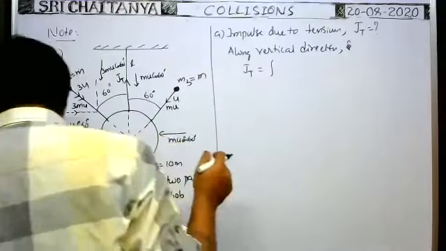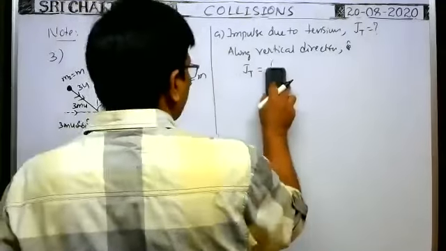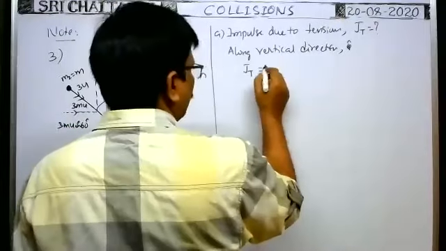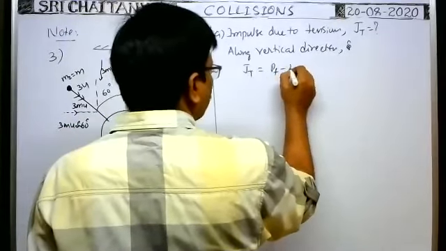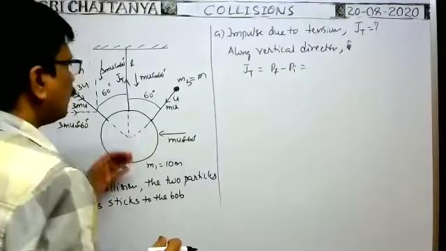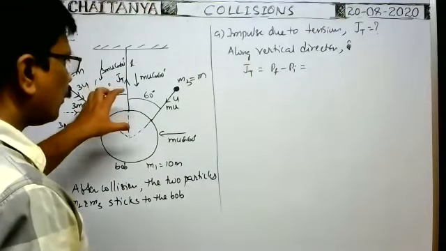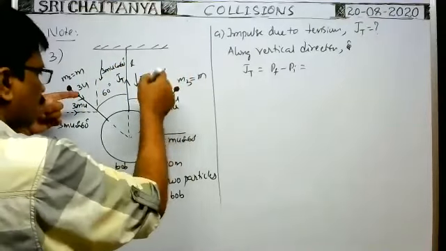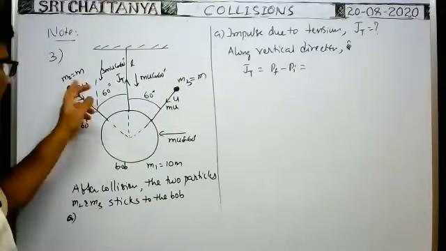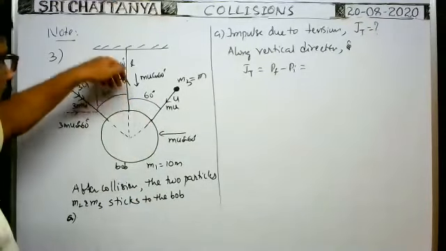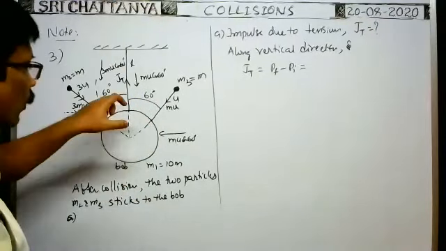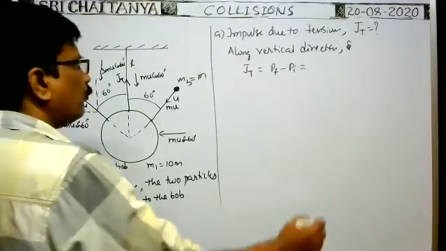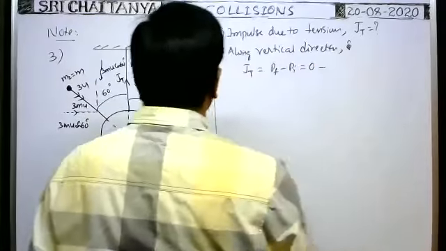Impulse due to tension can be written as integral T into d small t, where T is the tension there, is equal to final momentum minus initial momentum. So final momentum is 0 now. Because of impulse due to tension along vertical direction, these two particles stick together. After collision, the system comes to rest along vertically downwards direction because of tension. Okay, that's why final momentum is 0 minus initial momentum.